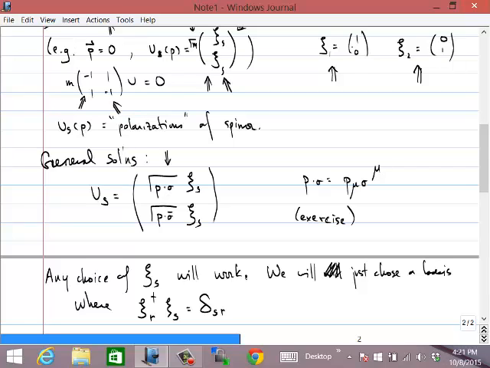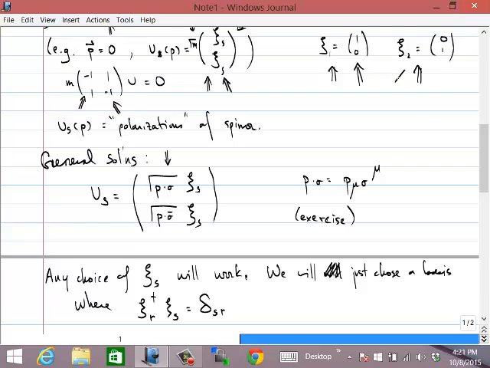So for example, that is exactly the property obeyed by those spinors up there. That's just some choice. So I'm choosing my spinors to be orthonormal.